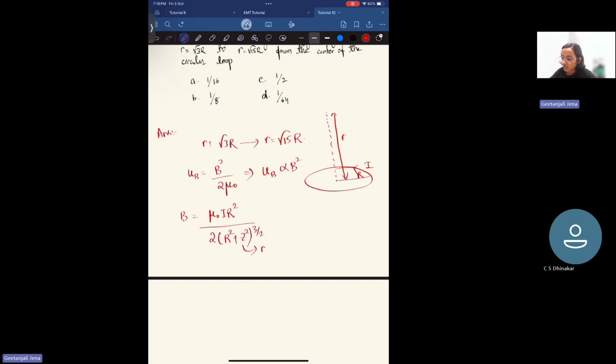For this case, with constants fixed, B is inversely proportional to (R square plus z square) to the power 3 by 2.